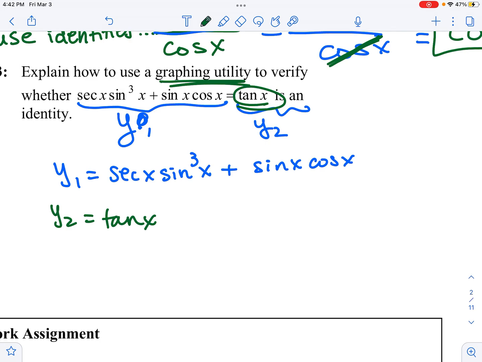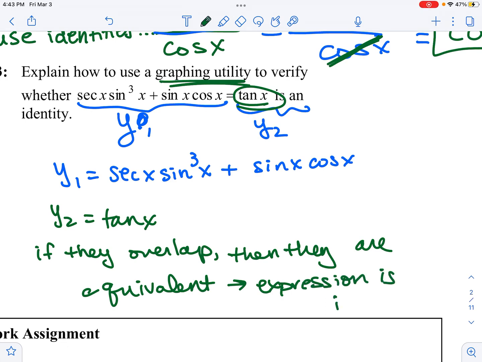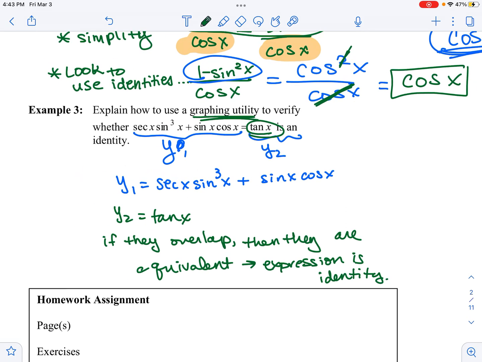You're going to plug them in, and if they overlap, then they are equivalent. And if they're equivalent, then the expression is an identity. All right, that's all for our notes today. Thanks.